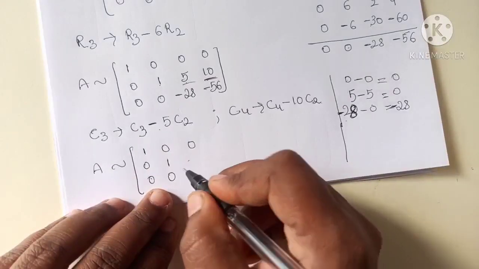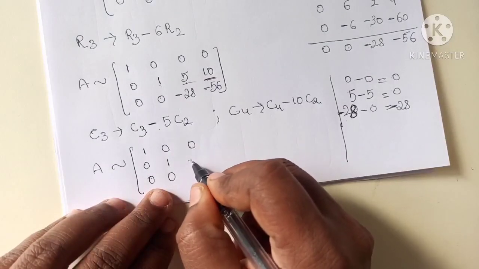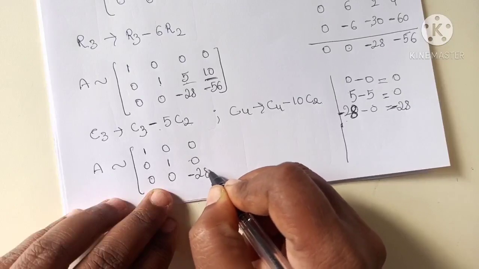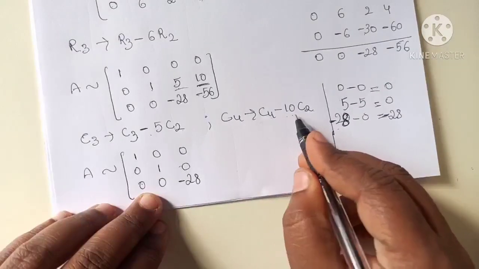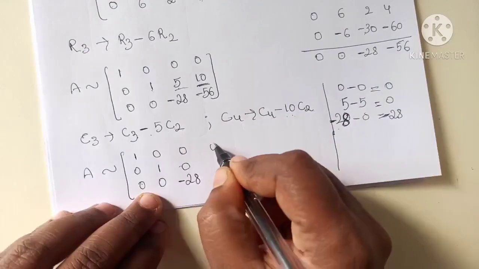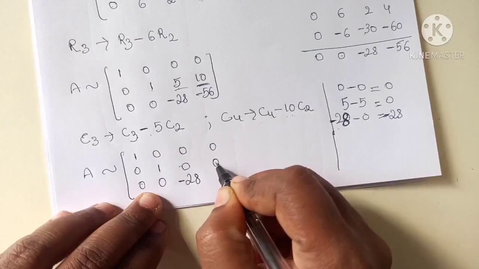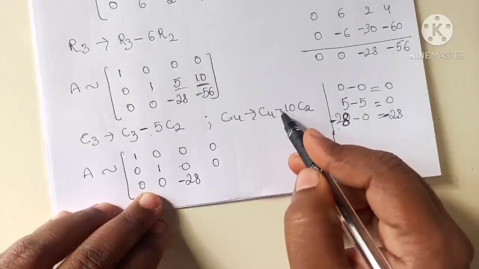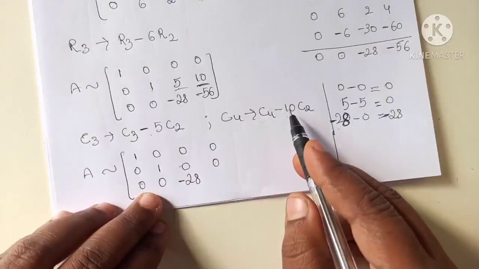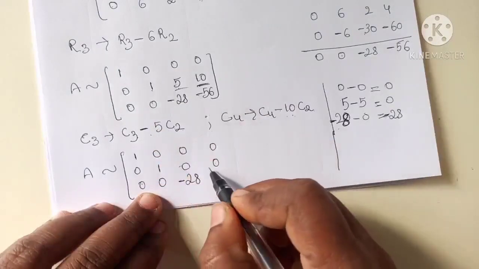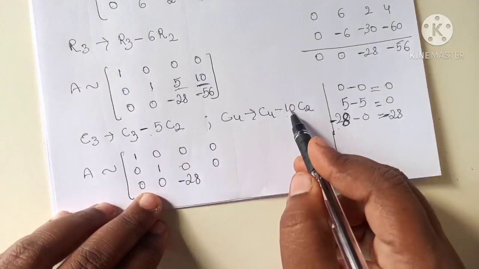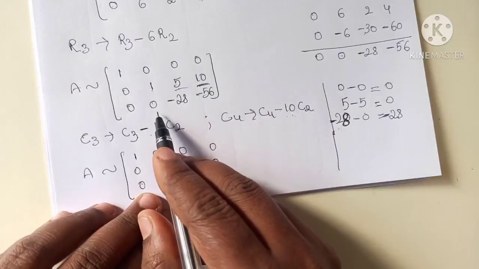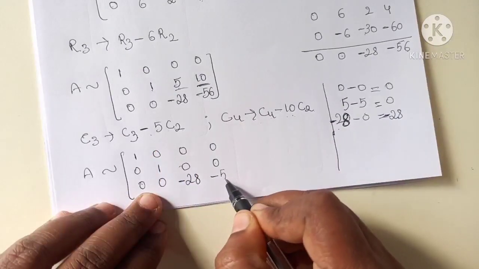So we get 0, 0, minus 28. C4 minus 10 into C2: simplifying we get 0, 0, because 10 minus 10 into 1 equals 0. Therefore this minus 56 is as it is, because 10 into 0 equals 0.